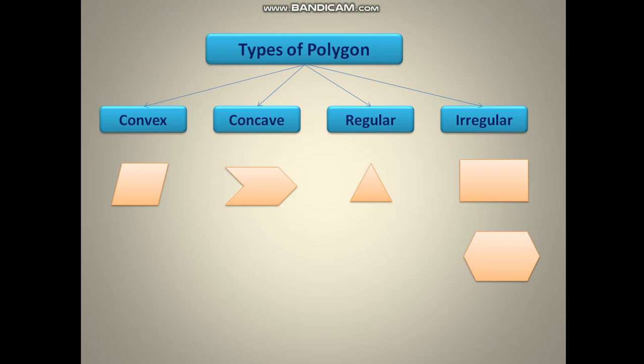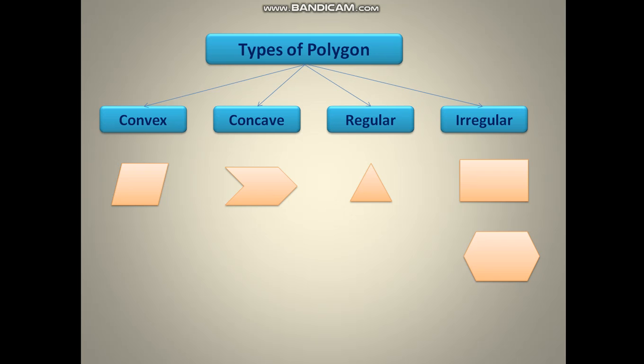Let's move on to types of polygons. We can divide polygons into four types: convex polygon, concave polygon, regular polygon and irregular polygon. Let's move on to convex polygons. In this polygon, all angles are under 180 degrees.